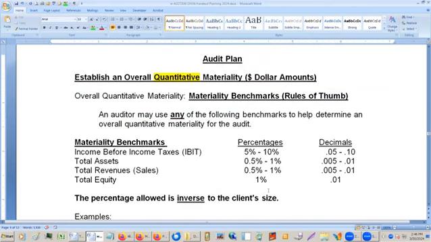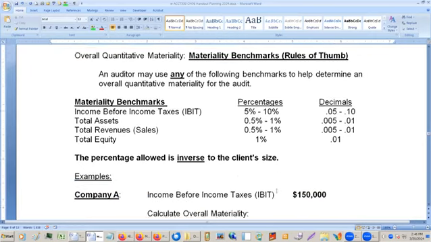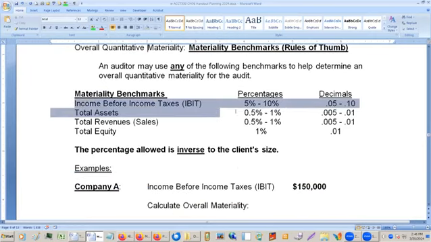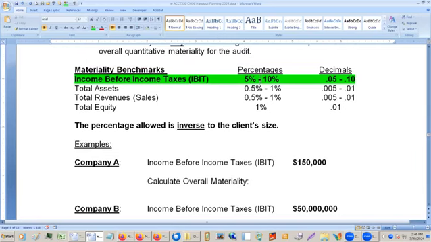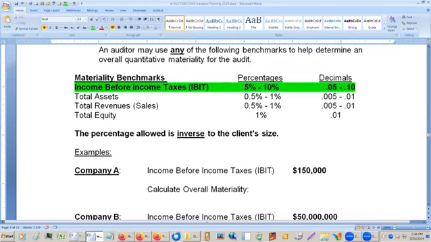Okay, now let's take the first one. I think it's the one we concentrate on for this example. Income before income taxes, they give a percentage that it could be between 5 and 10% to be material dollar wise.